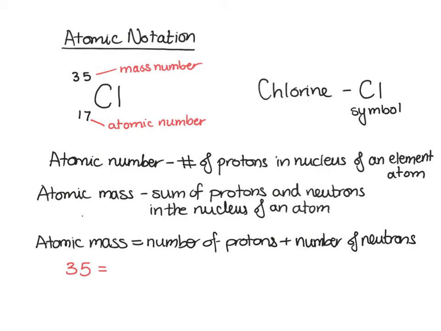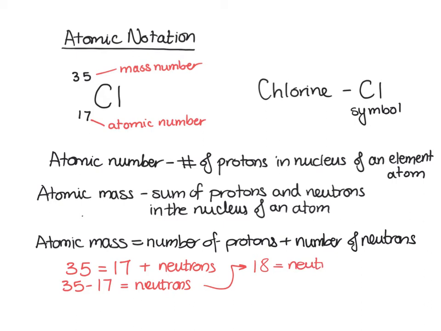Well, we know that's the atomic number, so that's 17, plus the number of neutrons. I'm just going to write neutrons here for short. So if I rearrange my equation, it'll be 35 minus 17 is equal to the number of neutrons. I'm just going to continue over here. And if we do that, 35 minus 17, 18 is equal to the number of neutrons in chlorine. So this equation helps us actually calculate how many neutrons are inside the nucleus of the chlorine atom.